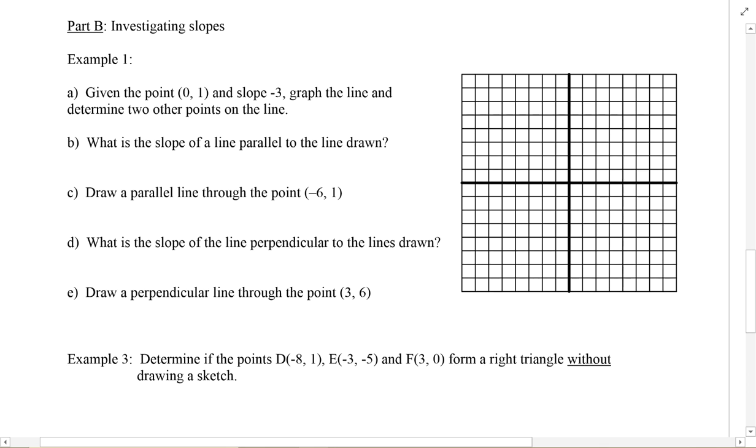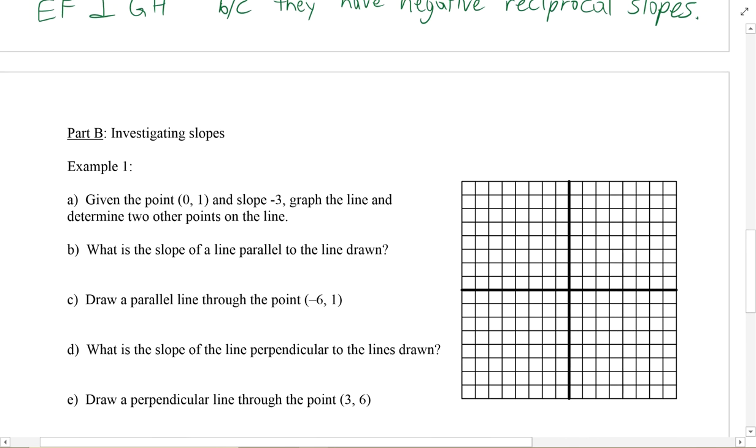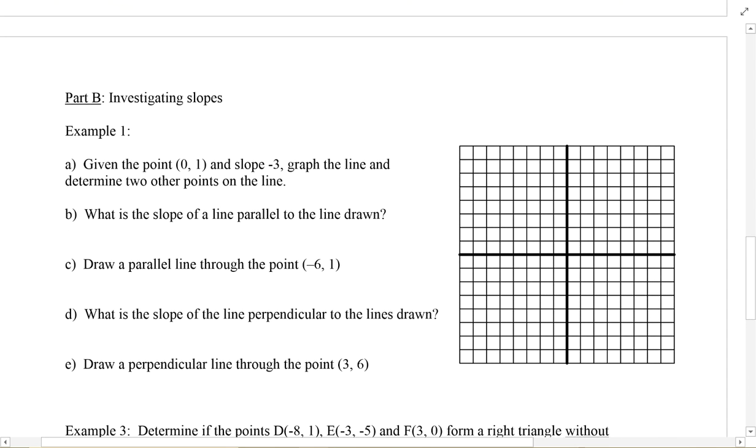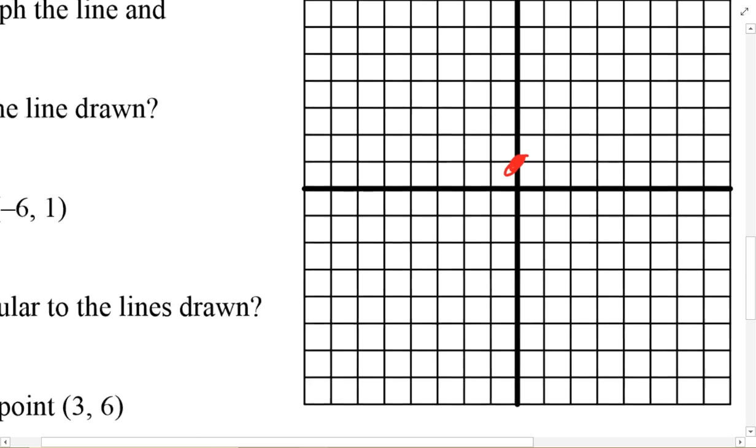So we're just going to do the top part here. Okay, investigating slopes. So what I want you to do is graph this point right here, 0, 1. You should have a ruler out ready. Okay, does everyone have that plotted?